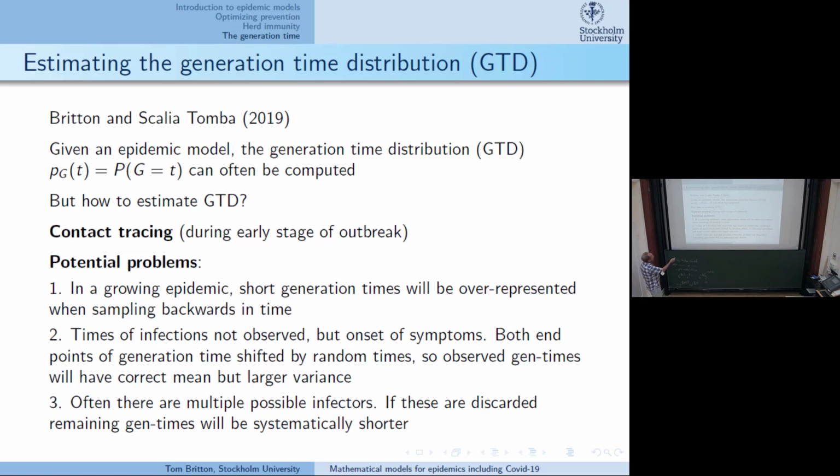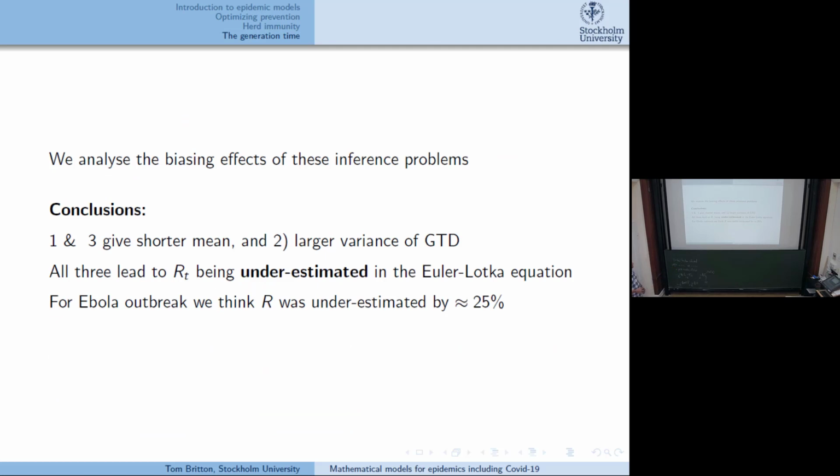So we looked at these effects. Here, these will be shorter from this effect. From this effect, they will have a correct mean, but a larger variance. And here, this last thing is that they will also become shorter. Then we tried to formulate this into a model. I will skip the details, but the conclusion was that we think that R0 was underestimated by approximately 25% if we combine all these things.